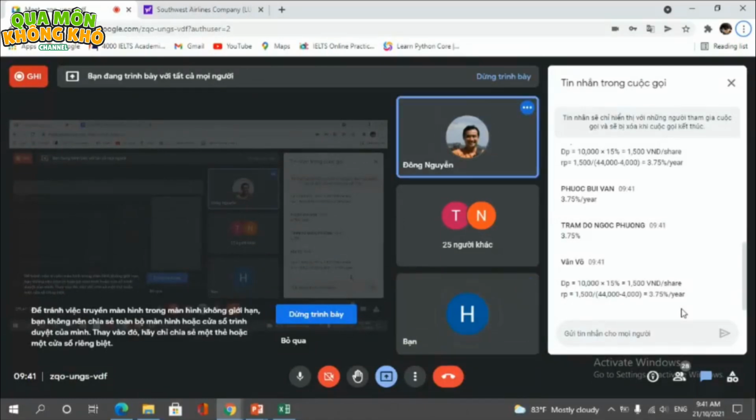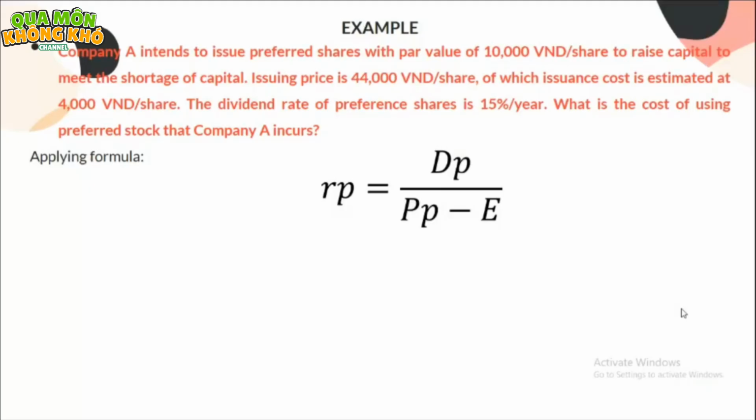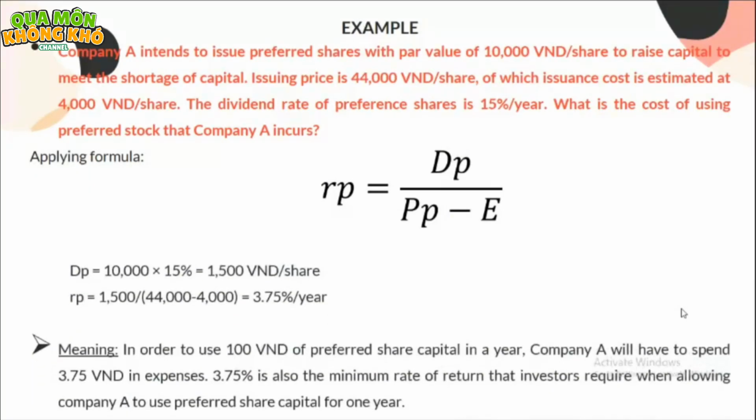Thank you. And now I will show the answer. As you can see that DP is equal to D0 plus 50%, so the result is 1,500 Vietnam đồng per share.